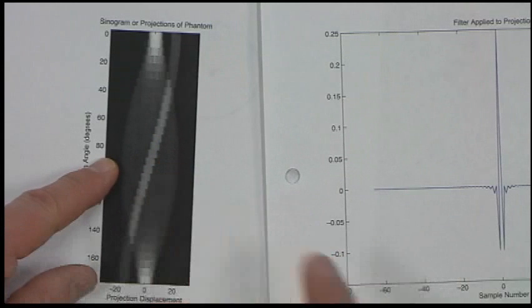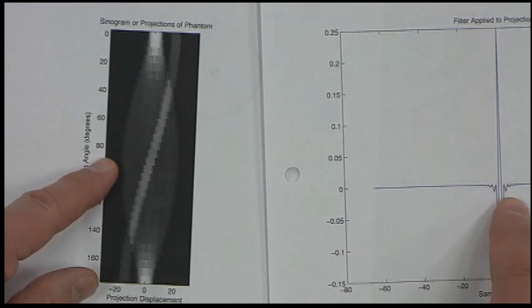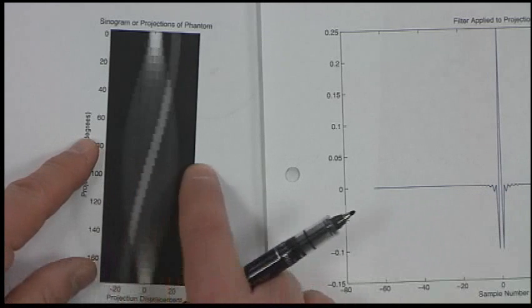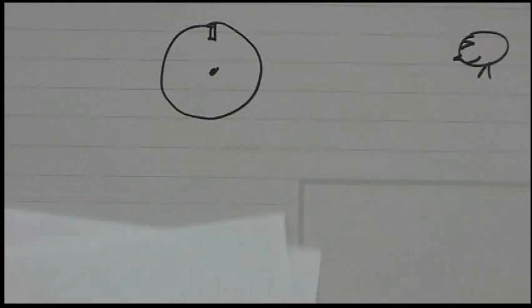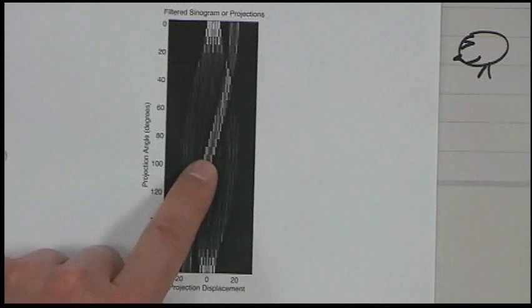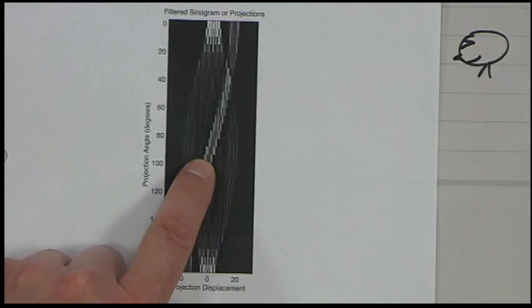When you do that, this is going to sharpen the edges because this is high pass. So you're going to accentuate the edges at these transitions. And that looks like this. See, because it accentuated the edges. Does that seem reasonable?